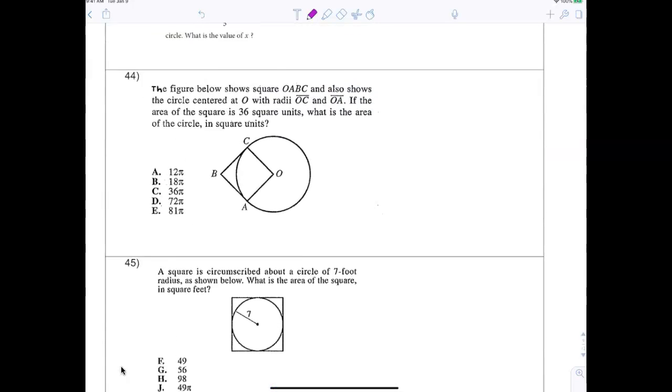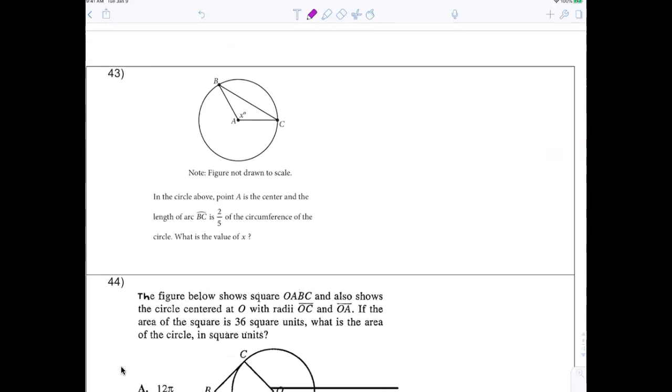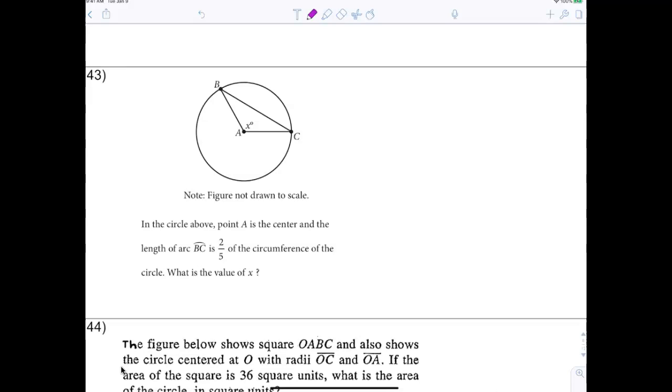43. All right, let's talk about this. Now, everybody look up. Is this an inscribed angle? No. That is a central angle. So in the circle above, point A is the center, and BC is 2/5 of the circumference.